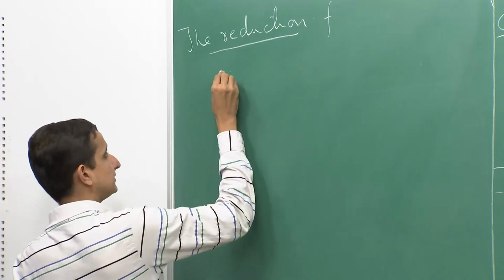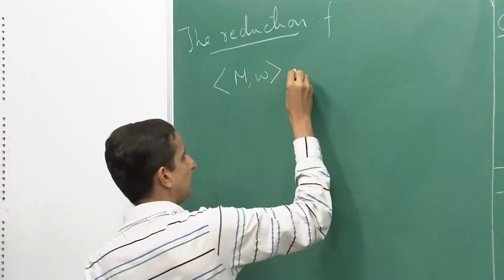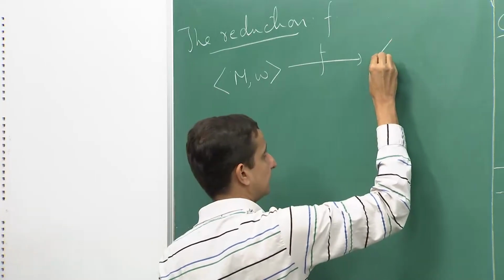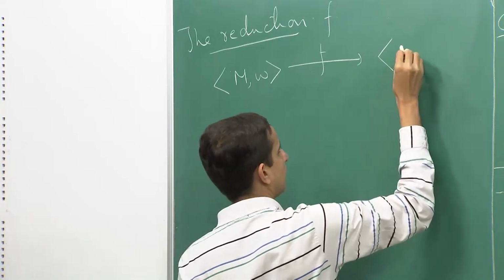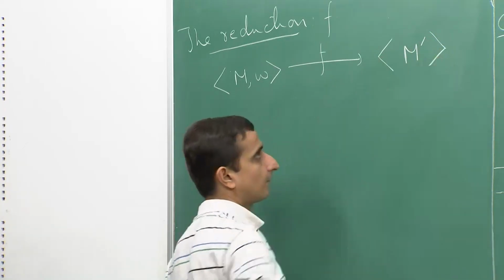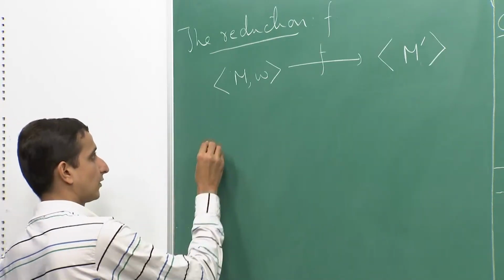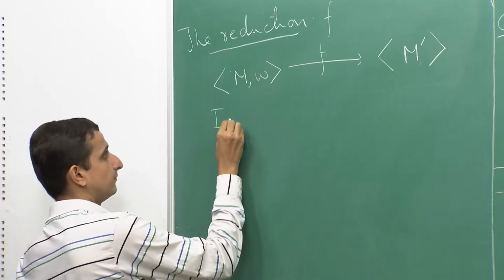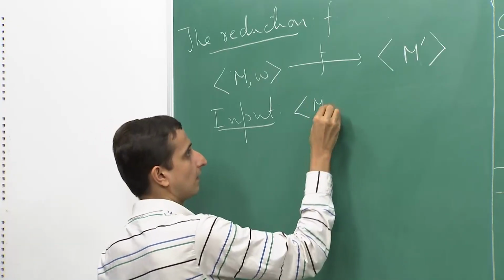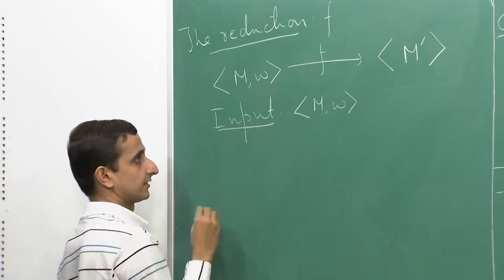So F takes an instance of ATM, M comma W, and it will produce an instance, let us say, M prime. We have to design M prime given M comma W.